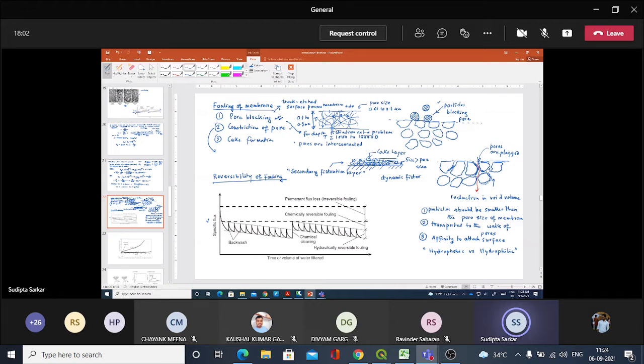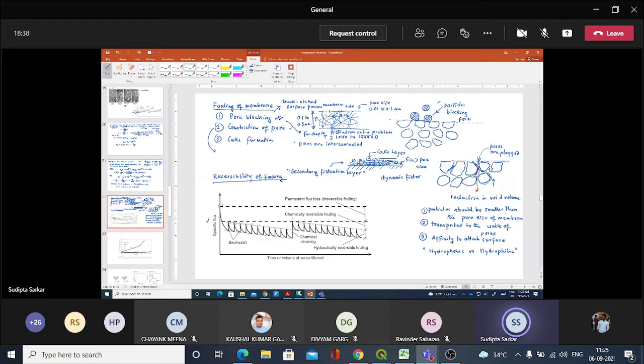Now you can see here that this is the new membrane, and this is the point where you need to have a backwash. You do the backwashing, and from the initial start point it declines, showing that there is deposition of particles within the bed which cannot be cleaned by the normal hydrodynamic forces provided during backwash.